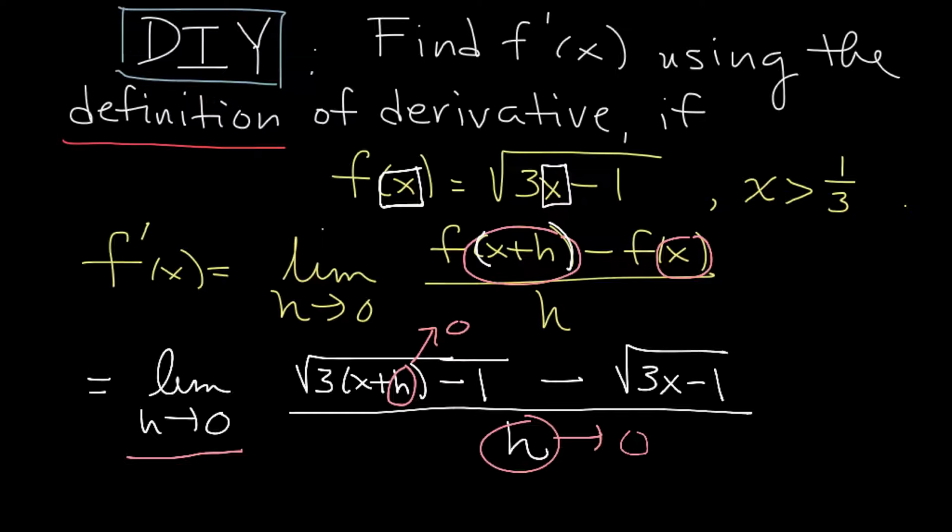The next thing we want to do is rationalize the numerator. So we'll stop the video, give you a chance to do that, and see you back here if you still need more help.